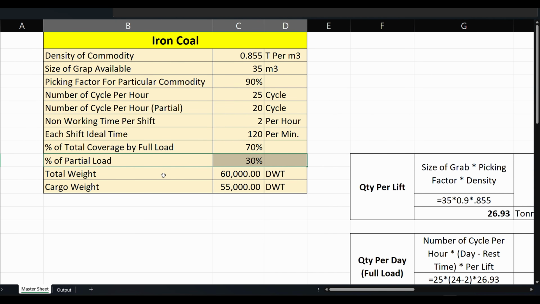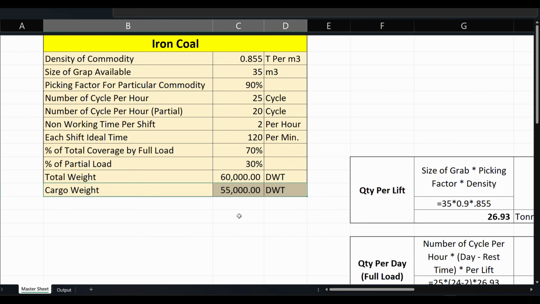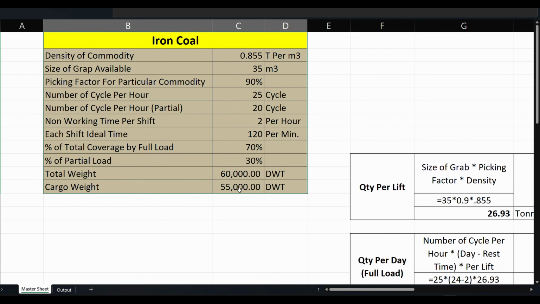The total weight of the ship is 60,000 DWT, which means the deadweight tonnage is 60,000 and the cargo weight is 55,000. So this is the data given.